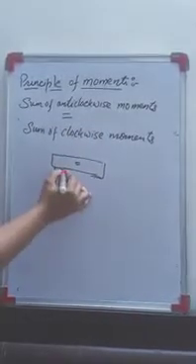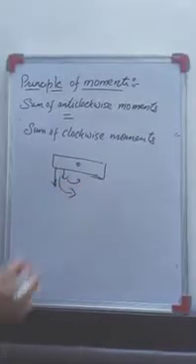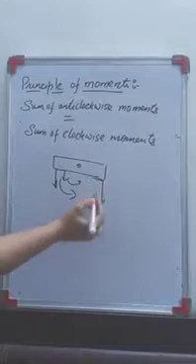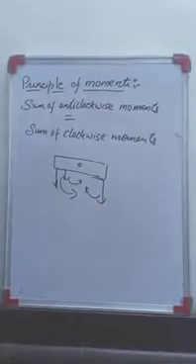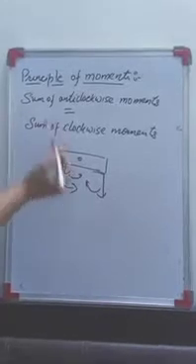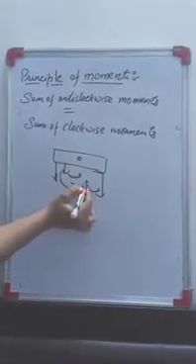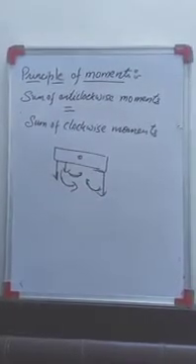Another force is also there, so again it will tend to move in the anti-clockwise direction, but if one force is over there, it will tend to move in the clockwise direction. Now, these are the anti-clockwise moments, and these are the clockwise moments. The sum of anti-clockwise moments.